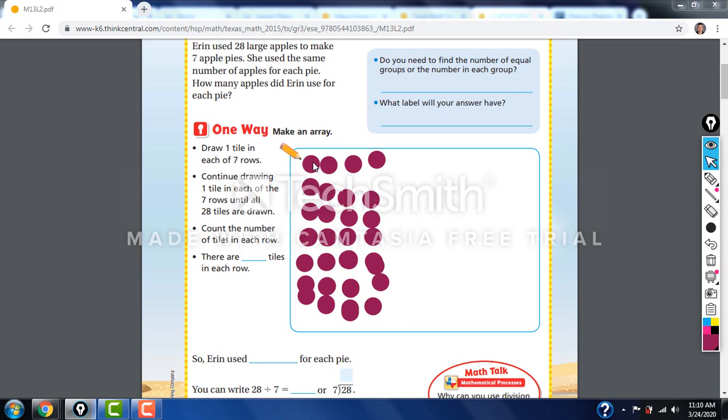So we have 7 rows. 1, 2, 3, 4, 5, 6, 7. I do apologize. They're not very orderly, but I'm doing the best I can here. And there are how many tiles in each row? So let's count them. 1, 2, 3, 4. So there are 4 tiles in each row.